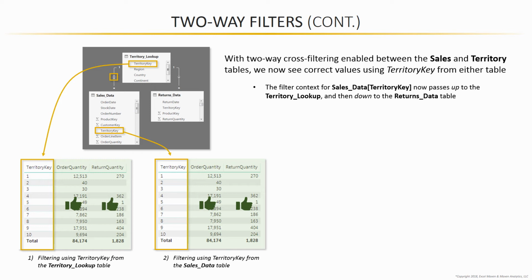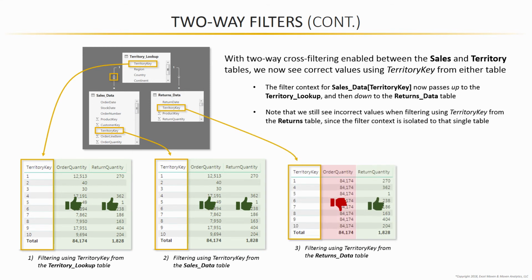So we've essentially created a way to transmit filter context from within the sales data table all the way to the returns data through the territory lookup. Now, as you'd expect, if we pull in territory key from returns, same story as before, that filter context is trapped in the returns data table because we've got that one-way relationship between territory and returns.